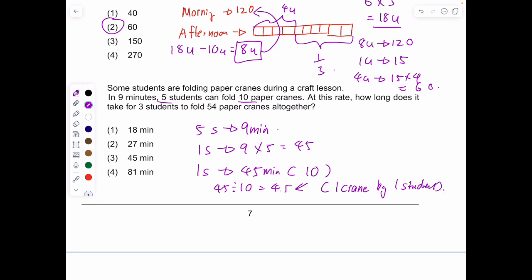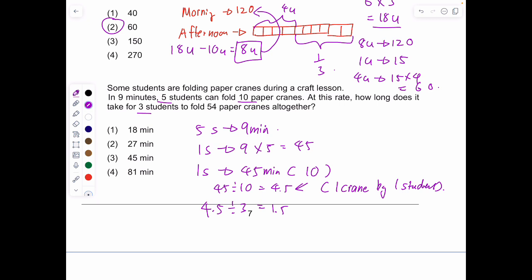So now that I know that 1 student will take 4.5 minutes to fold 1 crane, I have 3 students to help me. So which means now that I can shorten it, because instead of having 1 student to fold 1 crane, I now have 3. So I will divide 4.5 by 3, and my answer would be 1.5.